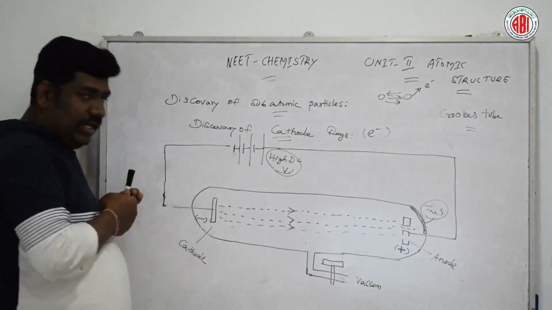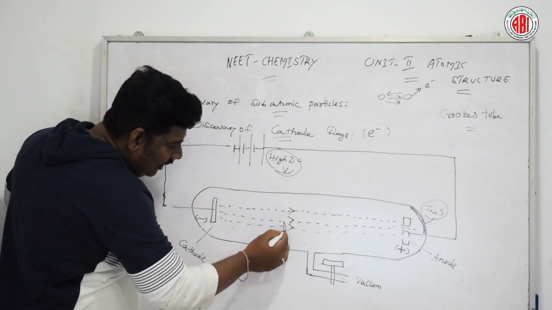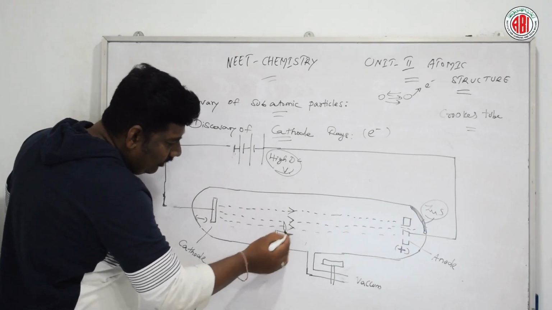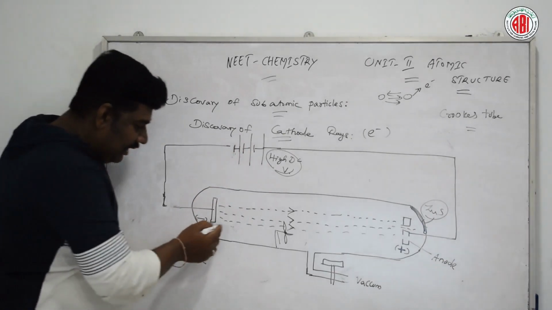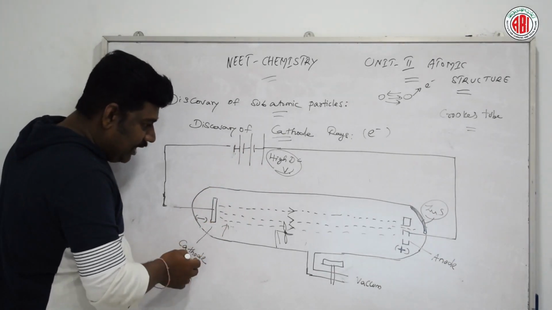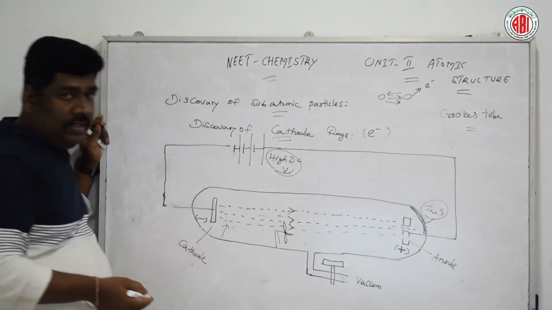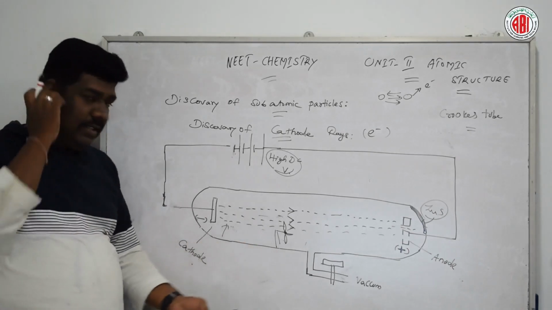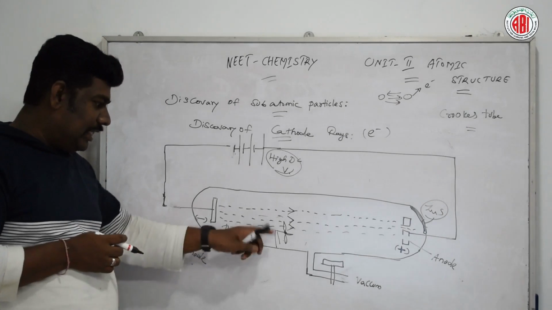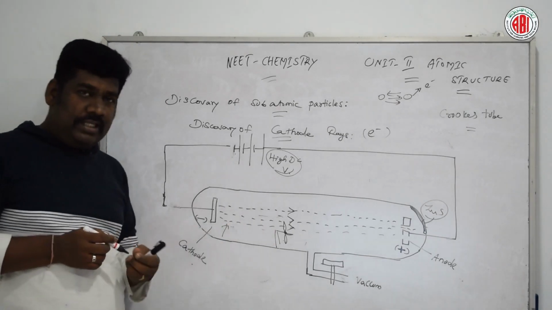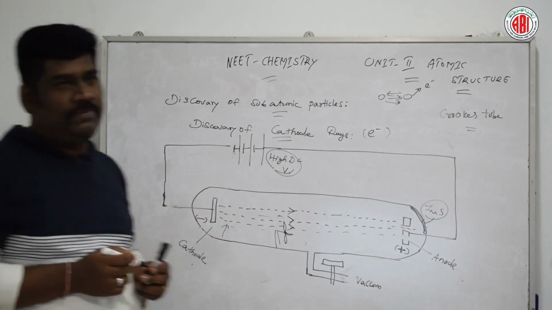So we are placing a small wheel here. What happened? The wheel started to rotate. When the high electricity passed, the rays emerged from the cathode to the anode and started to disturb this lightweight paddle. A small lightweight paddle started rotating. It shows that what? These particles have kinetic energy.